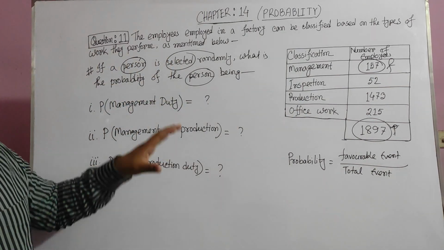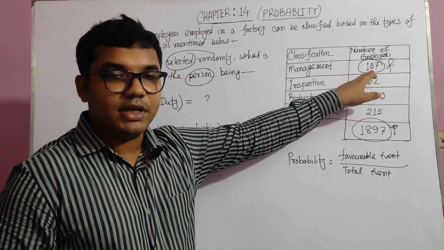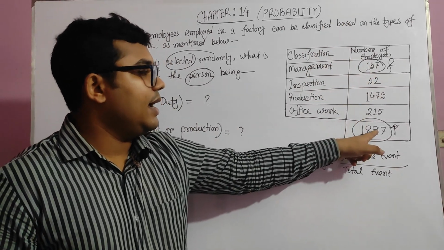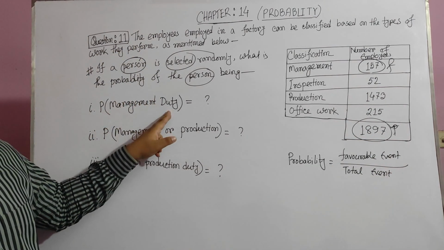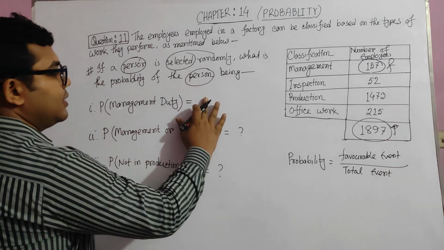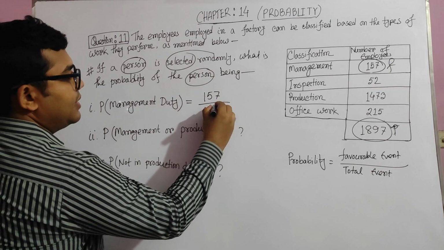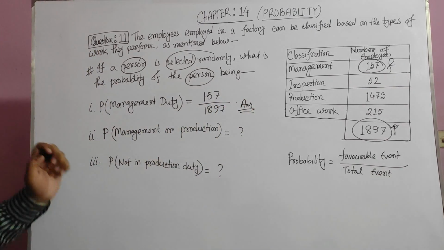In the case of management duty, our favorable event is 157 and our total event is 1897. So the probability of management duty is 157 divided by 1897. That is the answer to the first question.